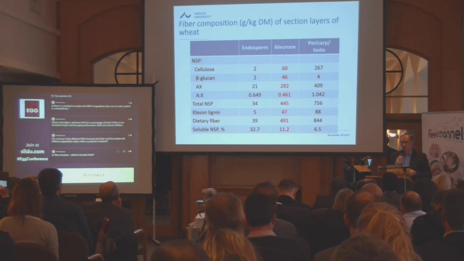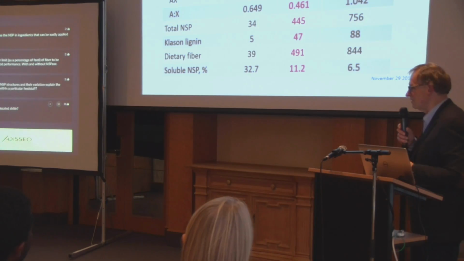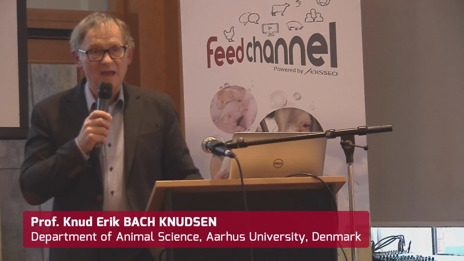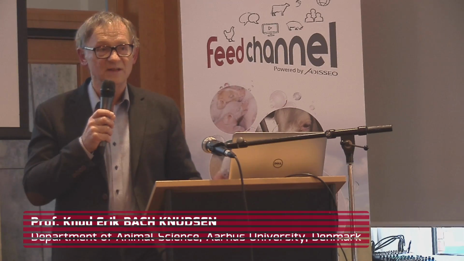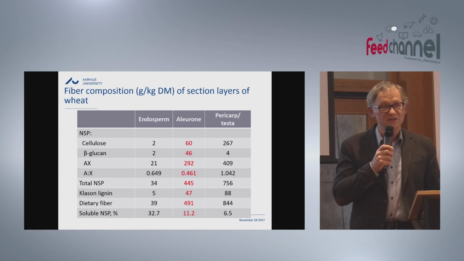And just to look at data from fractions that have been prepared from wheat, and which are, if not completely pure, then at least around 95% pure in terms of the different cell tissues.